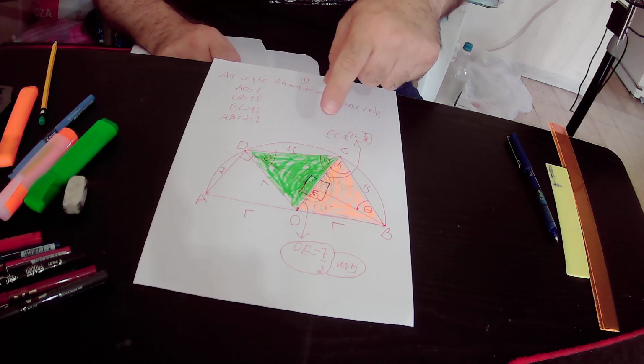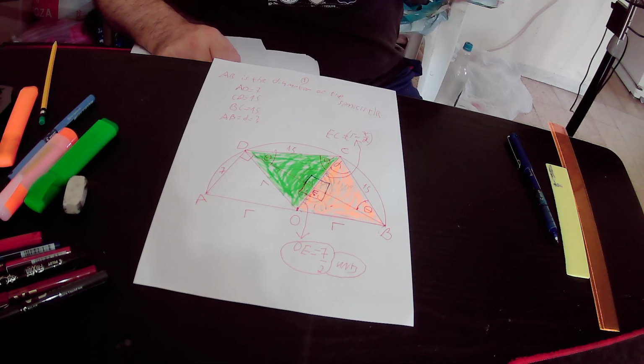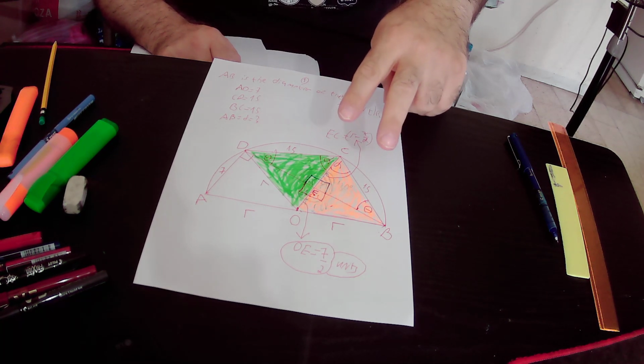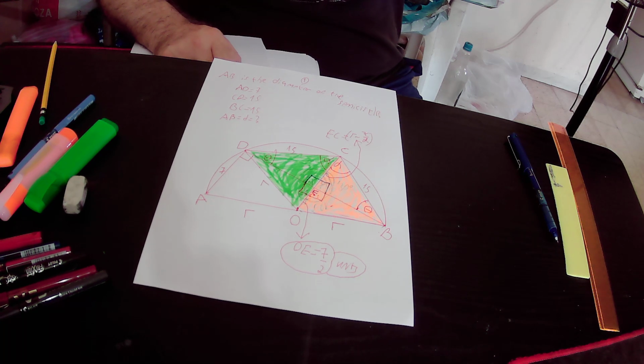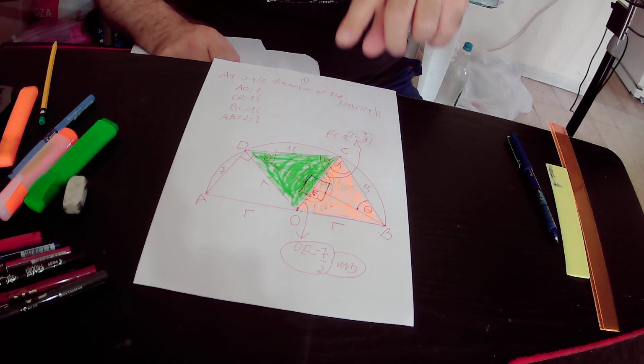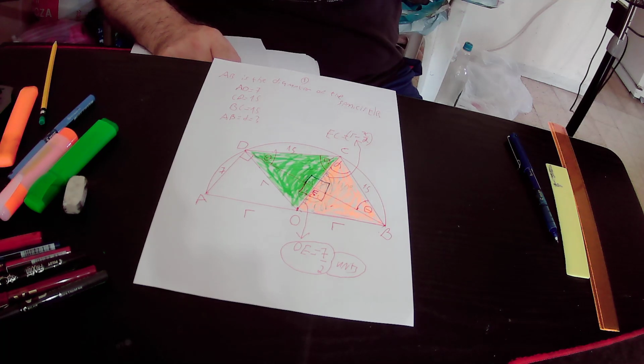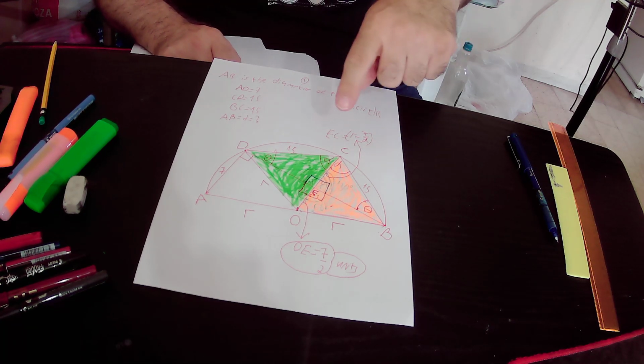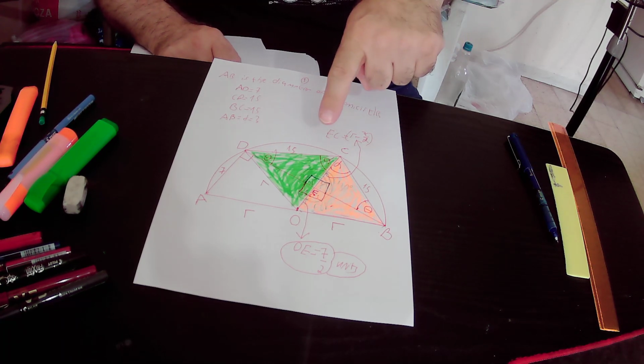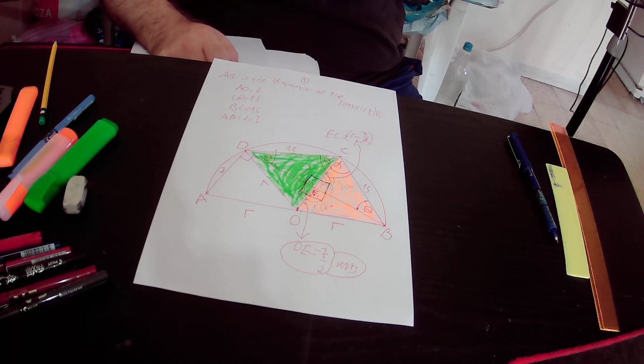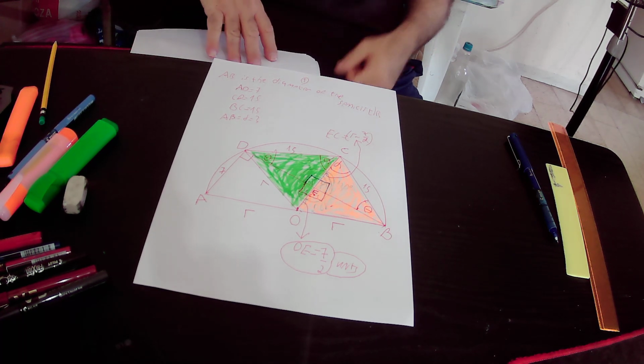Both those two sides are the radiuses of this semicircle, therefore they are equal to each other. And OC is a common side. It belongs to both the orange triangle and the green triangle. So OC equals OC as a common side.